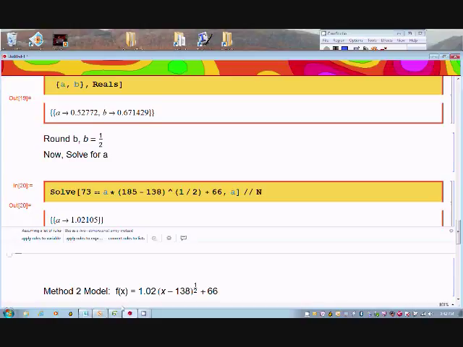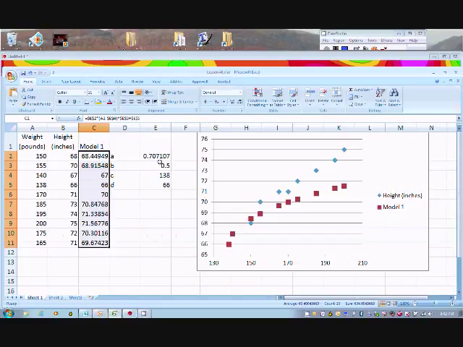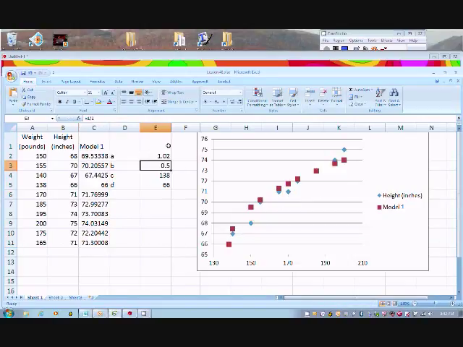So we can look at the difference in that with our plotting, and we can just go into Excel, and since we set it up as parameters, all we have to do is click on this a cell and put 1.02, and it'll change all our values for us. And as you can see, this model looks a little better than that last one. If we calculate the error, there's only a few points that have a big gap in them as compared to the multiple points when our a value was lower.